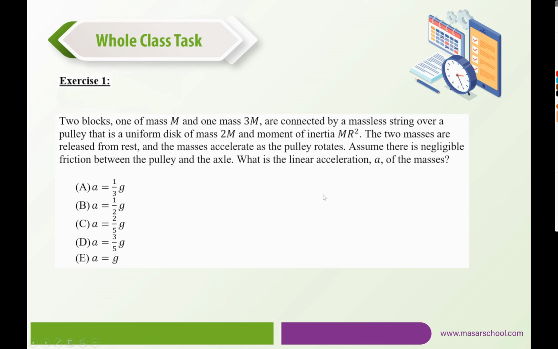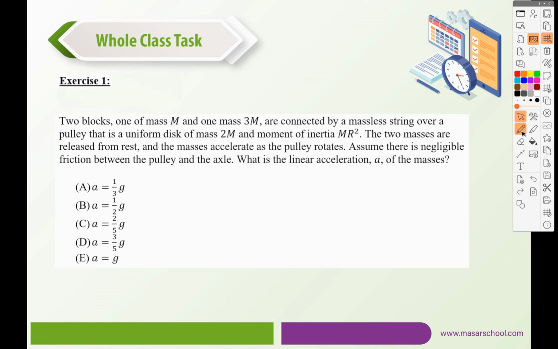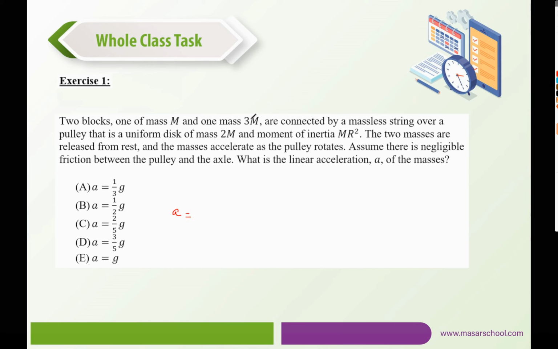So in this case they're asking me for the acceleration of the system, which is given by a: the mass which is causing the acceleration, 3m minus m, divided by the total mass of the system, which is m plus 3m, plus the rotational inertia given by mr square divided by the radius, which is r square, multiplied by g.